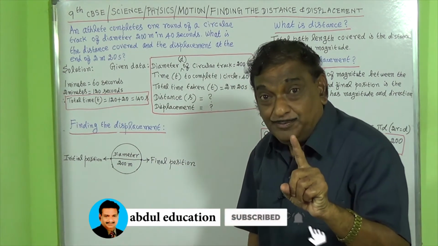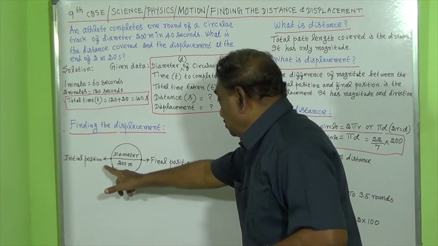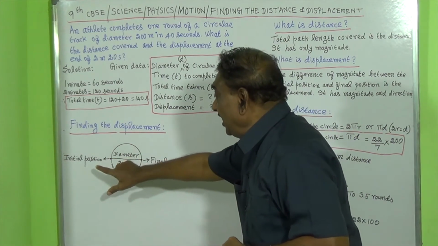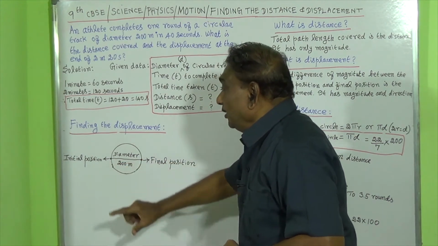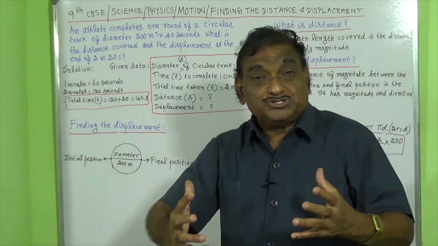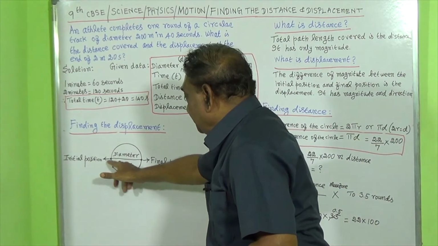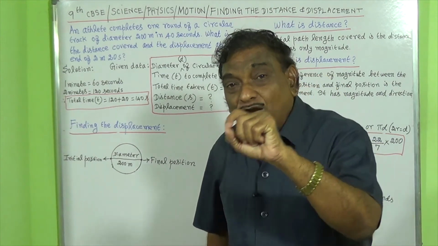At that time, what will be the difference between the initial position and the final position? The difference between the initial position and the final position is 0, because the final position coincides with the initial position. He has come to the starting point.